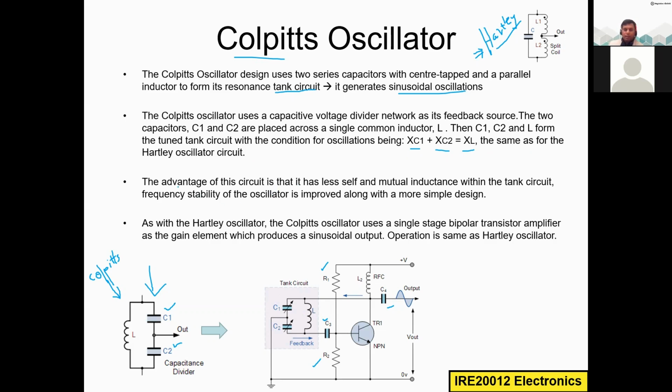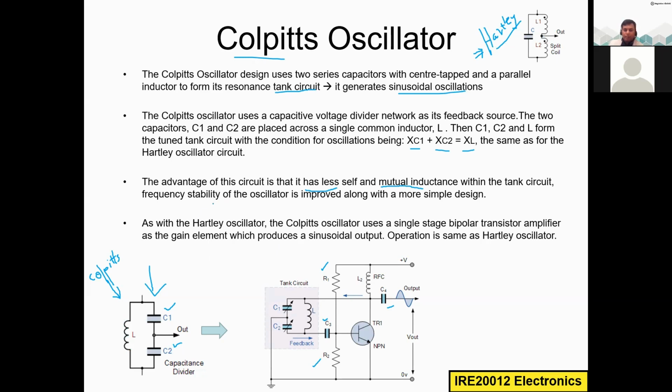The advantage of this circuit is that it has fewer self and mutual inductance issues within the tank circuit. In the Hartley oscillator there is a mutual inductance, which is not really wanted. We do not have the same problem in the Colpitts because we are using just a single inductor.